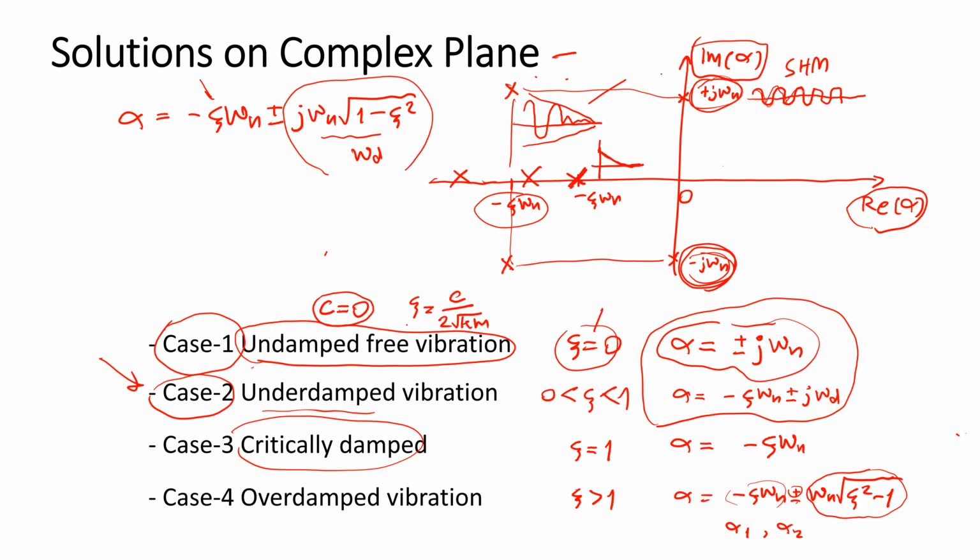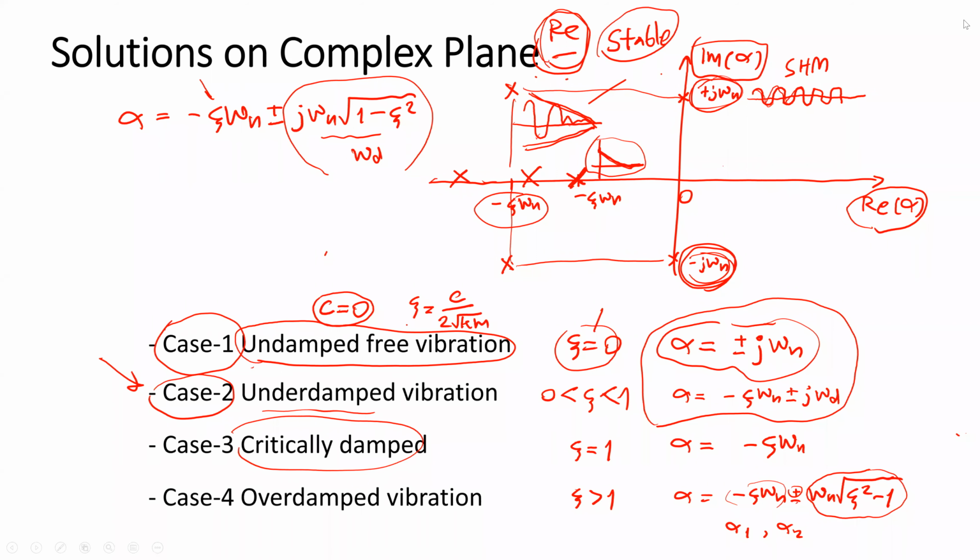If the real value is negative, the vibration decreases its magnitude and stops vibrating. It's going to stop vibrating or stop motion. We call this stable. Stable means it stopped moving.